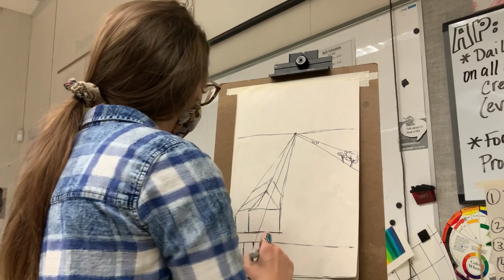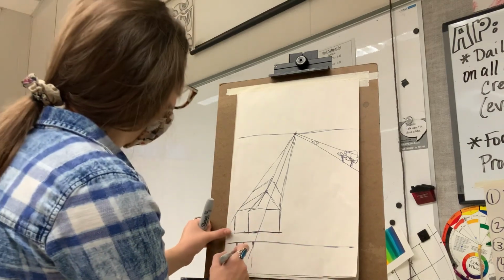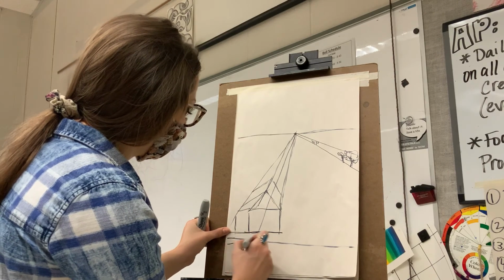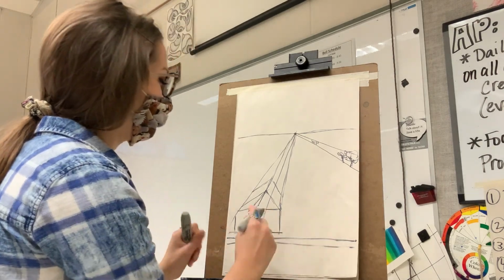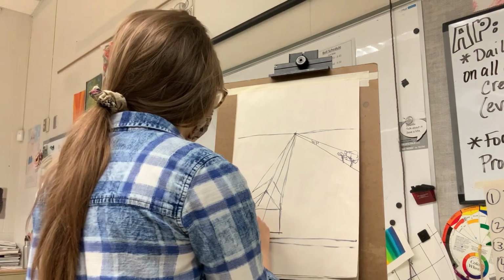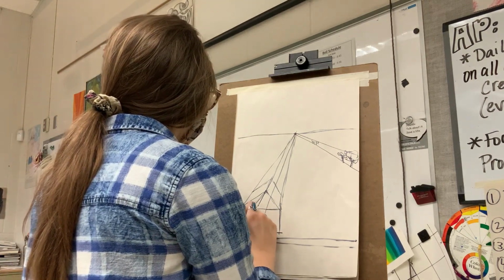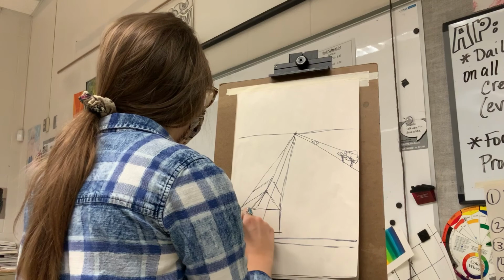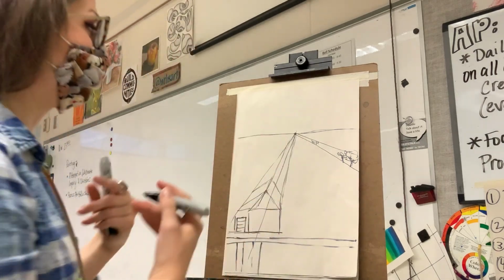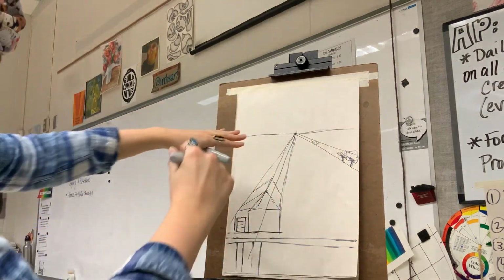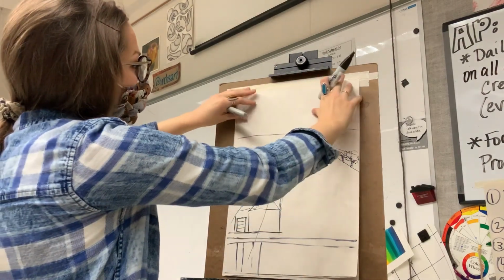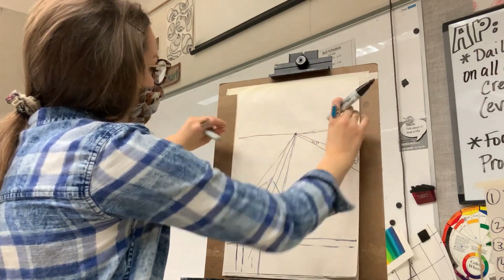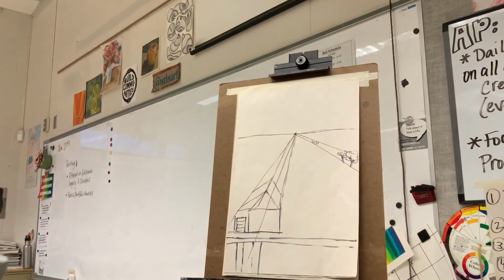Maybe I have somebody looking over their balcony, and then this would be the railing, just to create some kind of overlap. Maybe this is their garage door. So the things that are closest to you have the most detail, and the things that are farthest away have the least. Likewise, the clouds at the top are usually the biggest, and the ones towards the horizon line are the smallest.